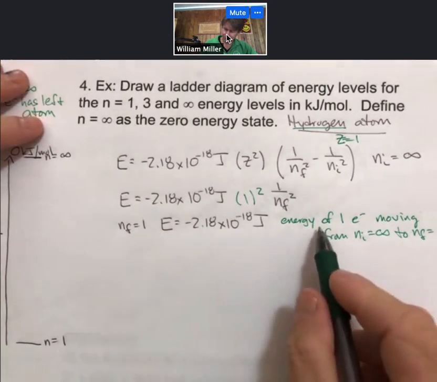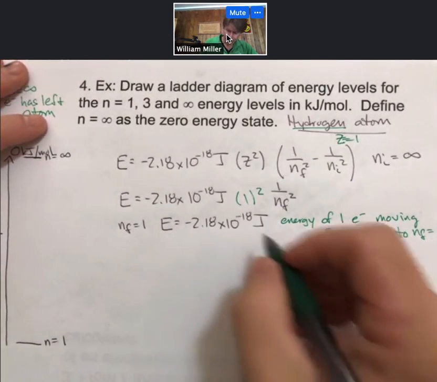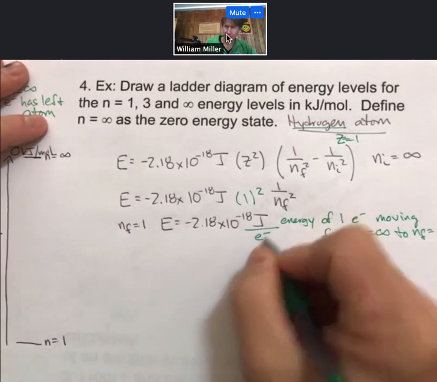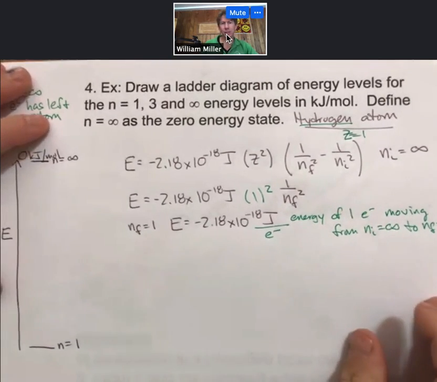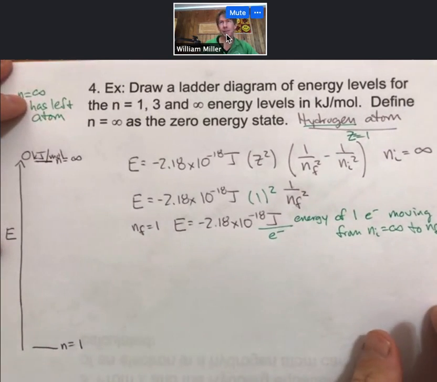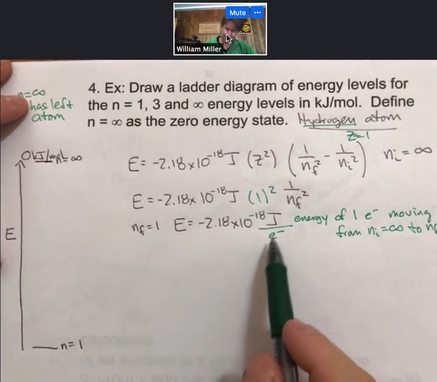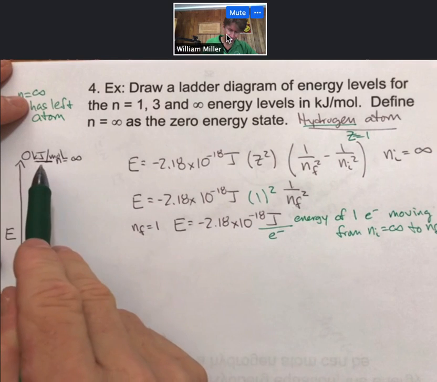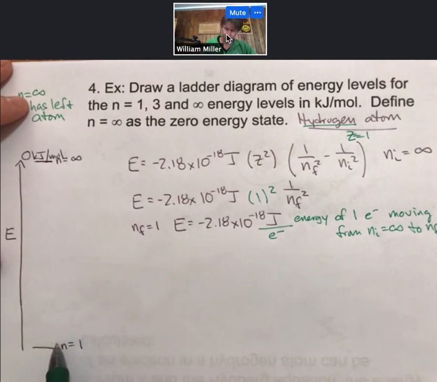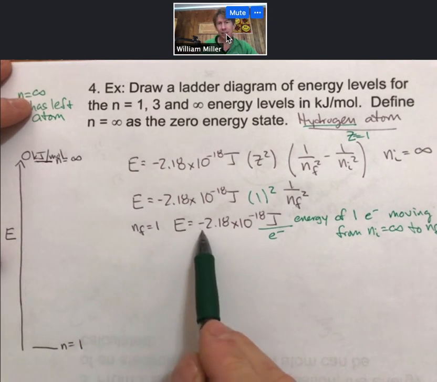And because it's the energy of one electron, we can do per electron, similarly to what we've done for per photon before. And in fact, when this electron moves closer to the nucleus and gives off energy, this energy is negative, which means this energy is given off.